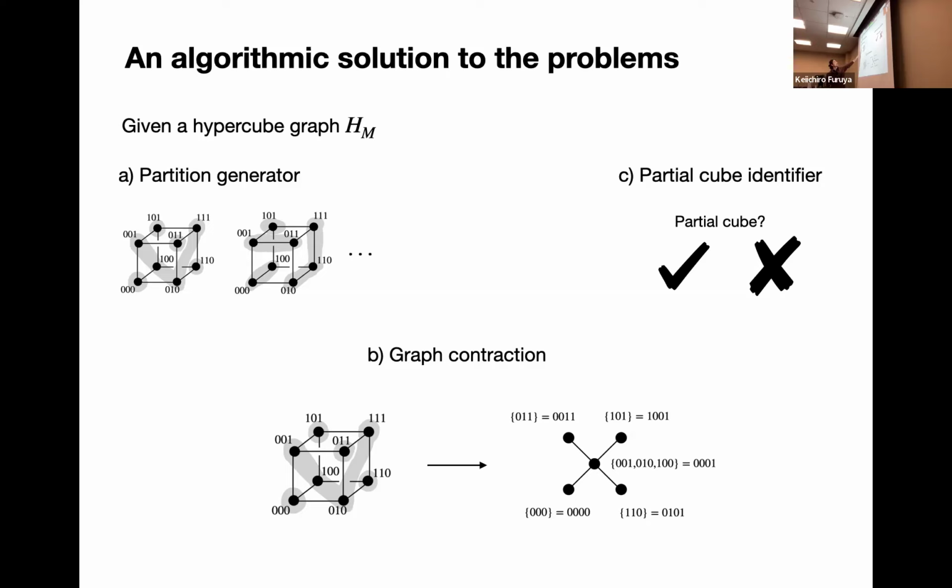First is a partition generator: you need to generate all possible partitions of the vertices. Then you do the graph contraction based on the partition. Then there is an algorithm called the partial cube identifier, where you check whether it's a partial cube or not. And if it's a partial cube, then you find the candidate inequality, the graph representation.